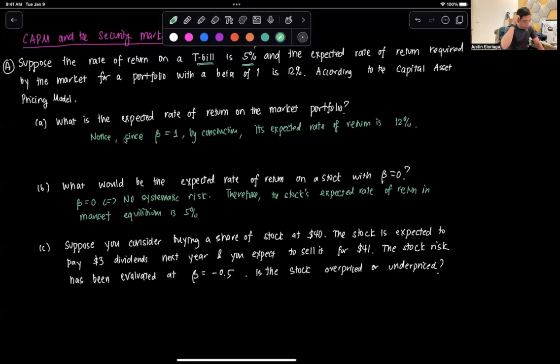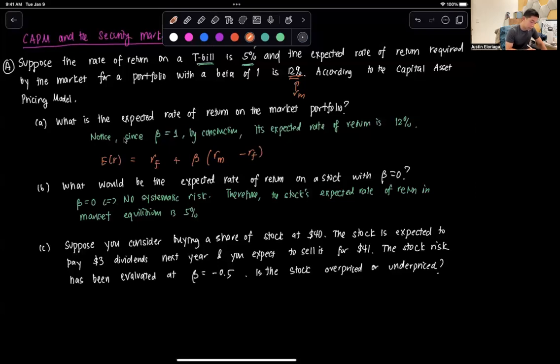Just as a concept check, how do we get the expected rate of return? It's just this formula: ER equals the risk-free rate plus the beta times the market rate of return RM minus the risk-free rate.